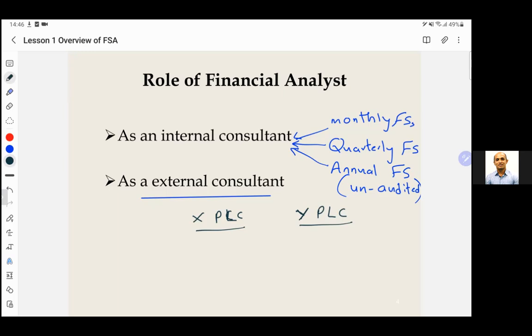So your client needs to know which company is a better investment, whether X or Y. Then as an external consultant, you analyze the two companies, then you can advise your client which one is the better investment.